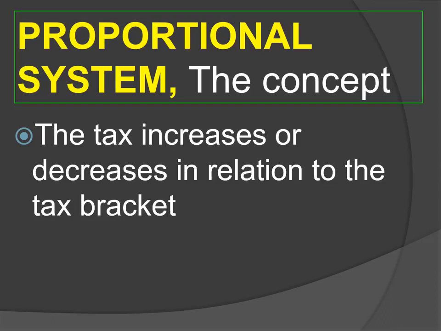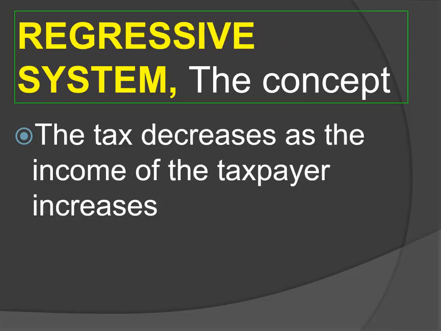On the other hand, when you talk about a progressive system of taxation, then as the income goes higher, the tax bracket also changes, not in proportion to the income. So it could be first 10%, and then second 20%, and then 30%, etc., etc. So that's the point of distinction between a progressive system of taxation and a proportional system of taxation. The last one is a regressive system of taxation, where the tax decreases as the income of the taxpayer increases.